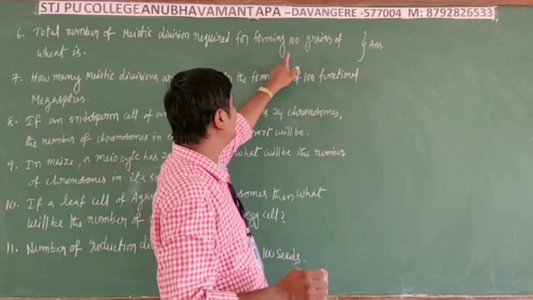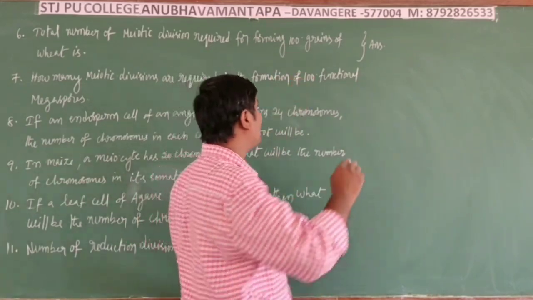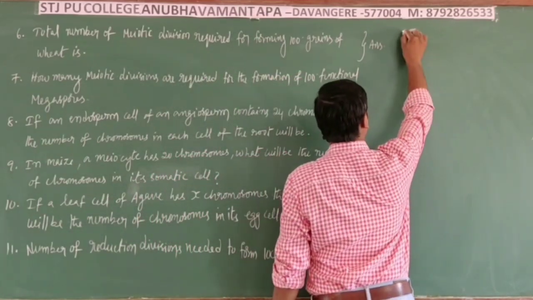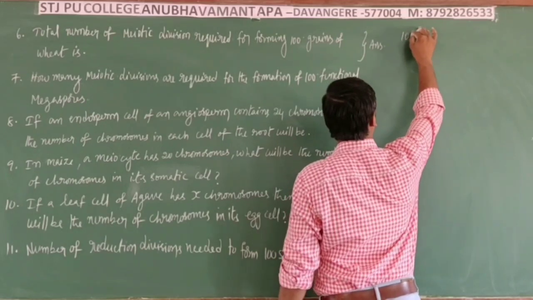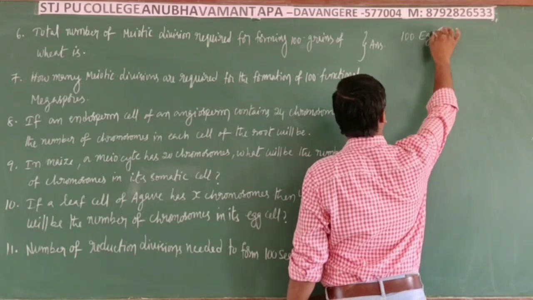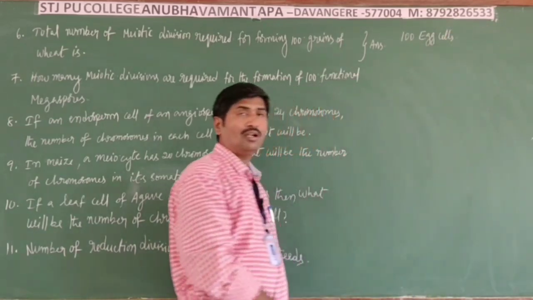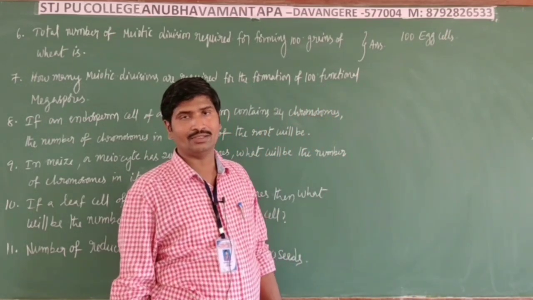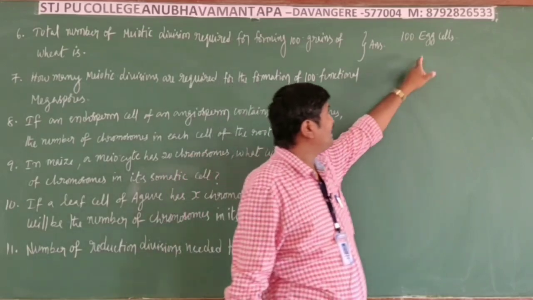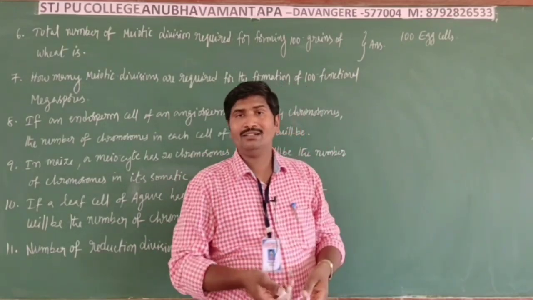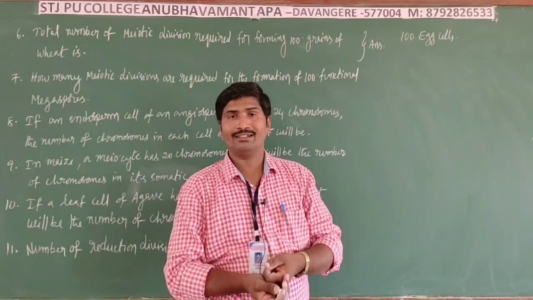That's why, for the formation of 100 grains, how many egg cells are required? 100 egg cells are required. Each egg cell is present in one embryo sac.